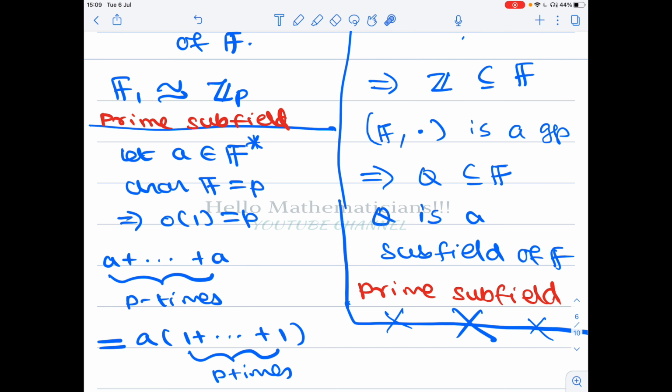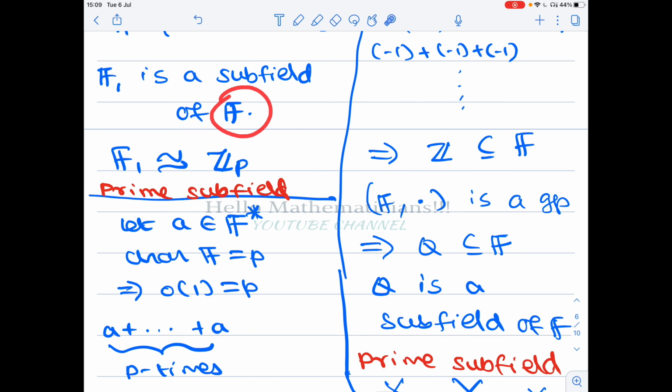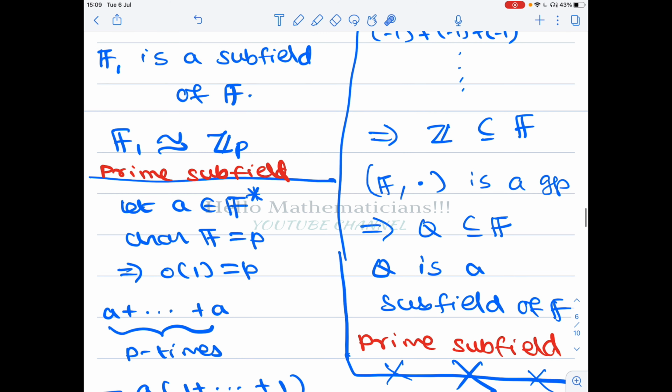If the field F has a finite characteristic, and we are going to prove that it will be a prime number only, and if that prime number is p, then the prime subfield will be Zp. So in principle every field has either Zp or Q as a subfield always.